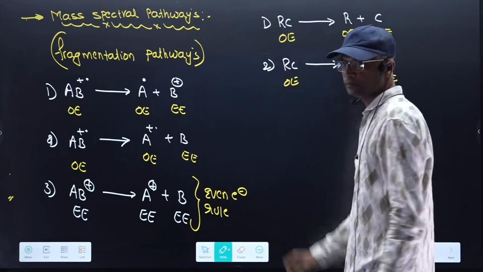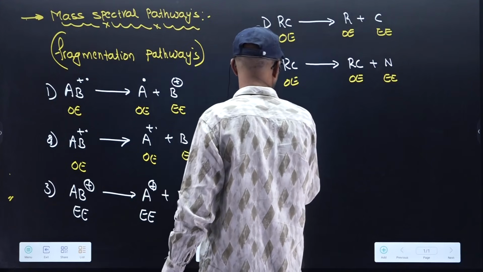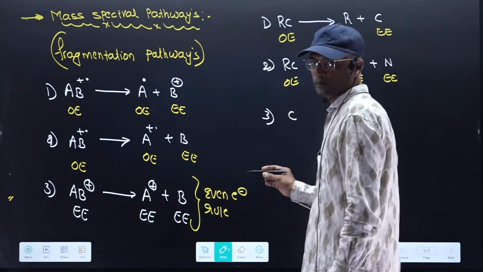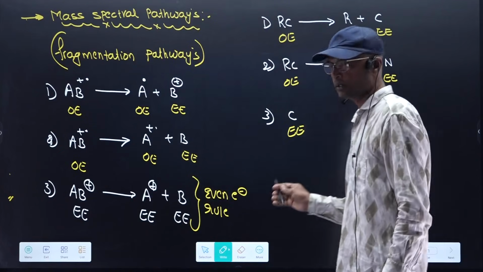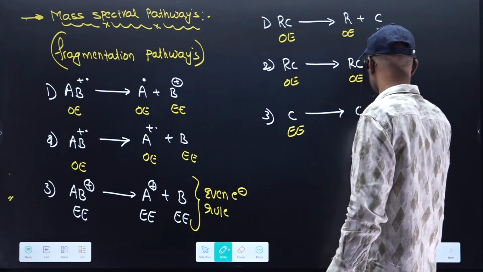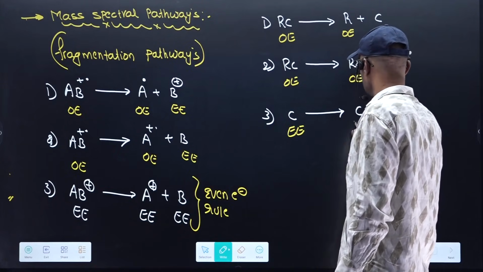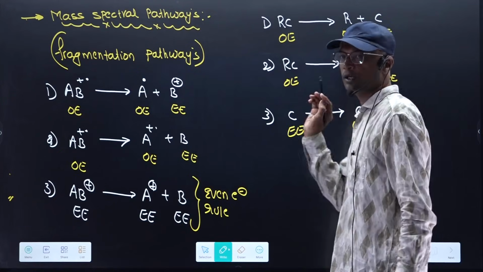Even electron. Okay? Suppose if I take the even electron rule, if I take any cation, a cation is an even electron. When a cation undergoes fragmentation, you will get one cation plus one neutral. Cation is an even electron. Every neutral organic fragment is an even electron.